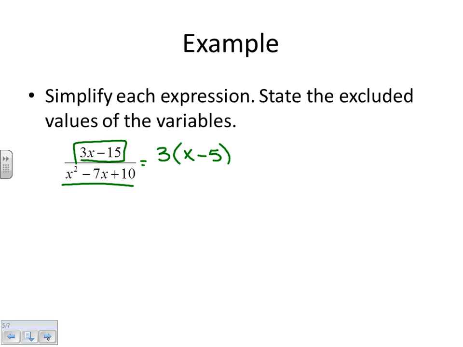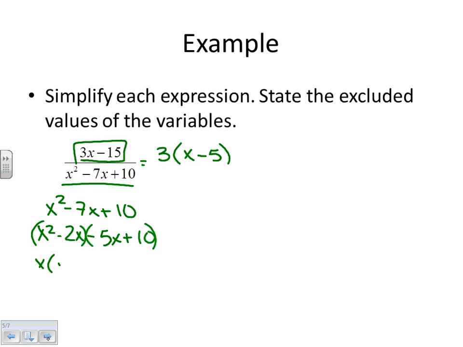Then here I'm going to factor x squared minus 7x plus 10 into x squared minus 2x minus 5x plus 10. Group here, pull out an x minus 2, minus 5, x minus 2, and then we have x minus 5 and x minus 2. So here's our factored form.